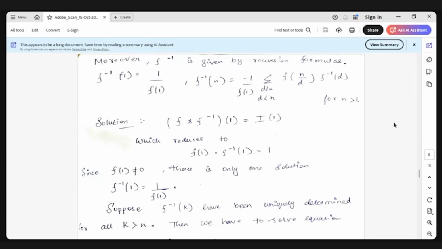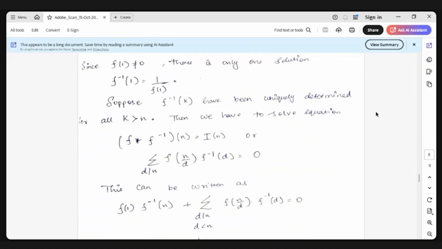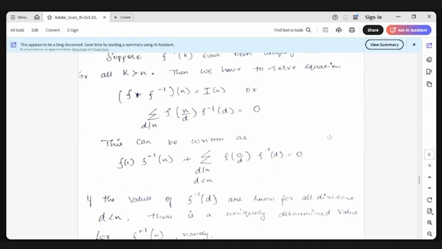Okay. Suppose f inverse of k have been uniquely determined for all k less than n, then we have to solve the equation f star f inverse of n is equal to i of n basically. Now as I said, we will expand it. After expanding, consider d equal to 1, d equal to n, and then d less than n. Two cases. First is f of 1 f inverse of n. Rest is this relation which is being there.